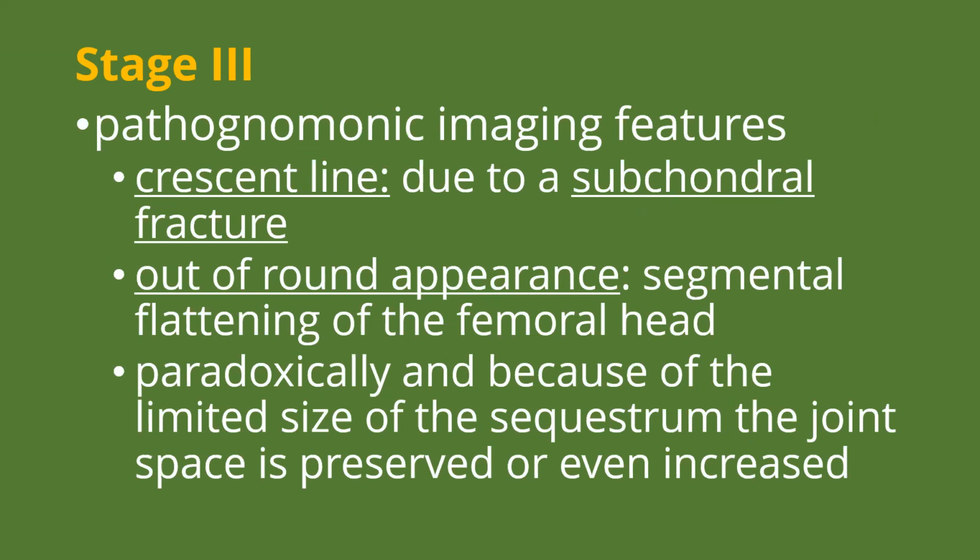They have the crescent line due to subchondral fracture, an out-of-round appearance, and segmental flattening of the femoral head. Paradoxically, because of the limited size of the sequestrum, the joint space is preserved or even increased.